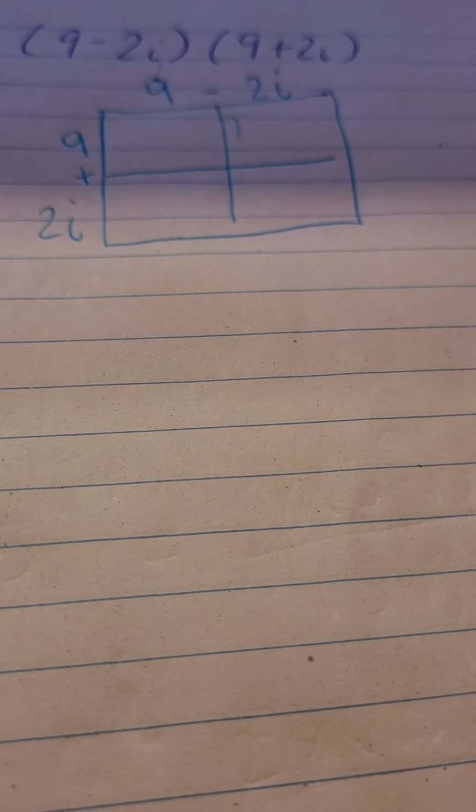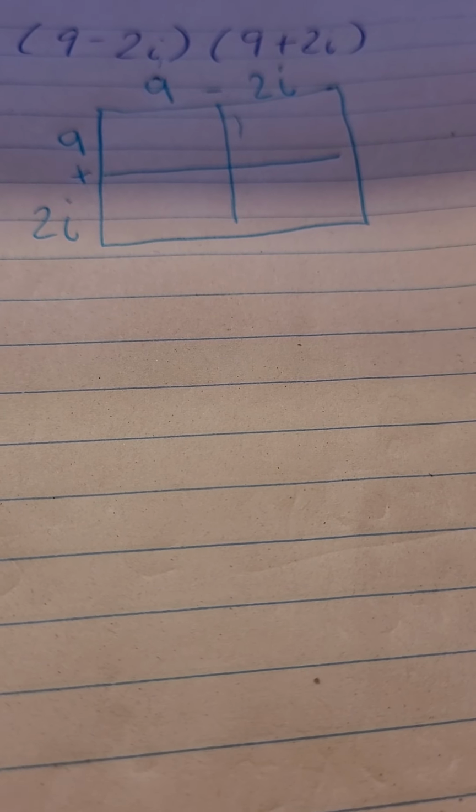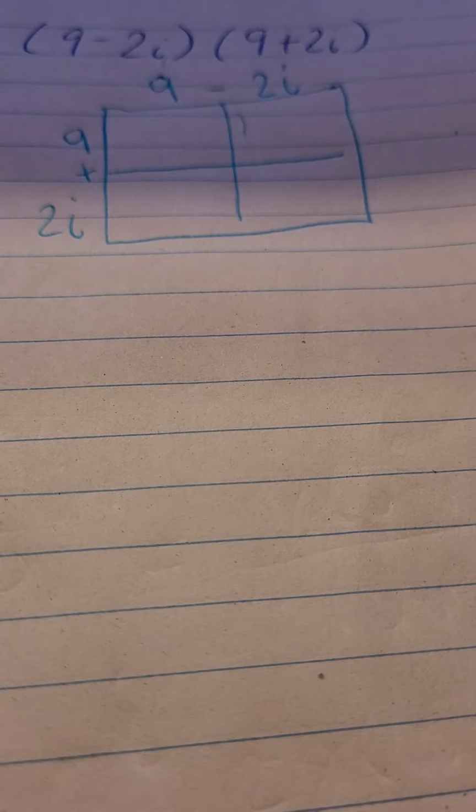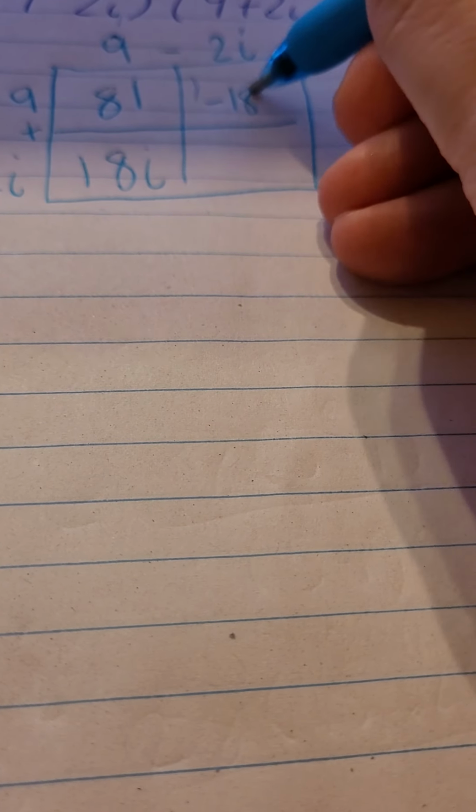your products. So 9 minus 2i, 9, is it plus? Yeah. Plus 2i. Those are called complex conjugates, by the way, when you have the plus and the minus. They're like a couple, opposites attract, and stuff cancels out. That's why we like them. 81, 18i, -18i.